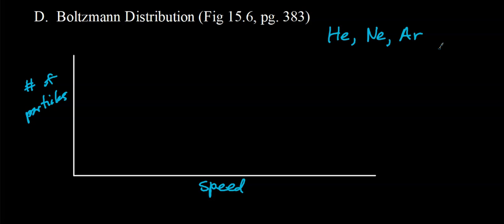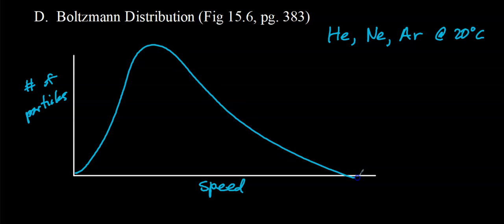All right, so we want to look at them at, let's go, 20 degrees Celsius. So at 20 degrees Celsius, what is the distribution of the speeds of the particles? I'm going to draw the curves, and then you tell me which is which.